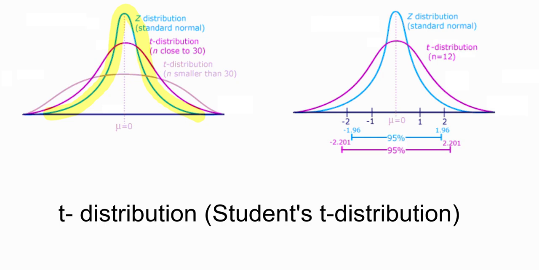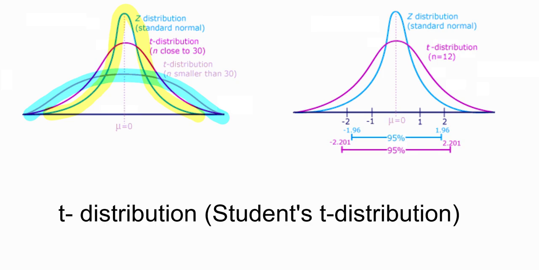And so when you have a small sample size, it actually flattens out and creates larger values, a little bit more area, because we are not sure of that, because it creates a little larger variance, a little larger standard deviation that we're going to be using. And so it takes that into account.